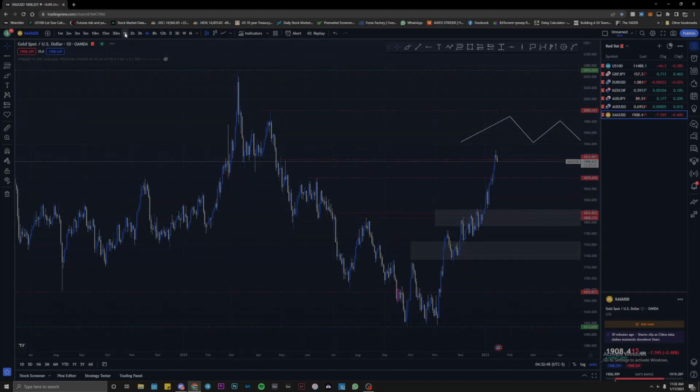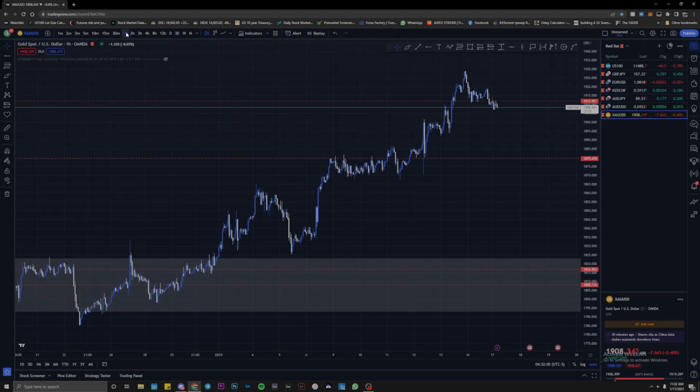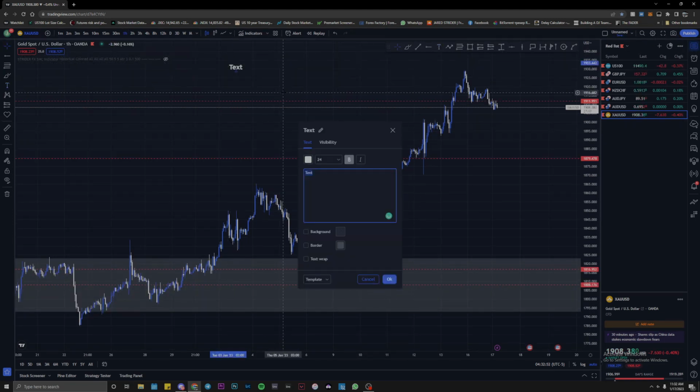And then we'd use 4 hour, 1 hour. So this is what I said last night. If you are trading the daily range, look for a 1 hour change of character. If you are trading the 4 hour range, basing your entry off the 4 hour, you would look for a 15-minute change of character.